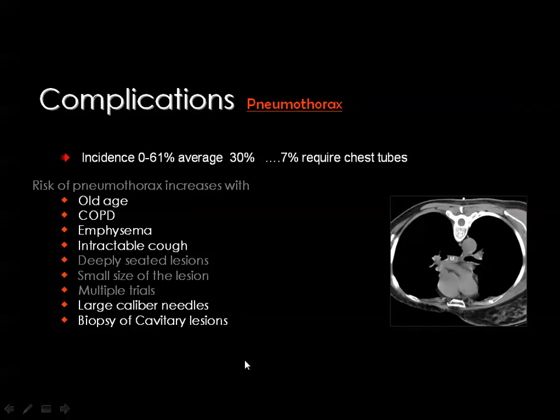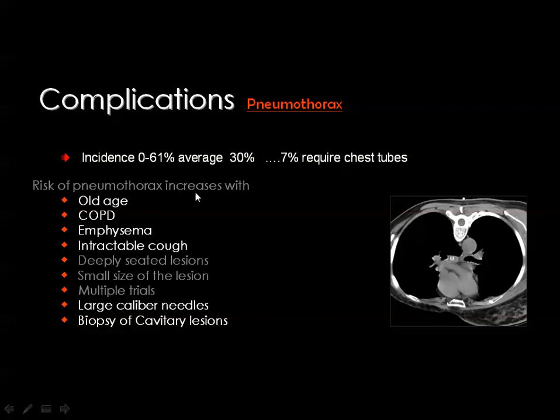Then what are the causes of pneumothorax? Actually, the incidence of pneumothorax in CT-guided needle biopsies of pulmonary parenchymal lesions ranges from 0 to 61%, with an average of 30% in all cases. And of these 30% of cases, about 6 to 7% require insertion of an intercostal chest tube.